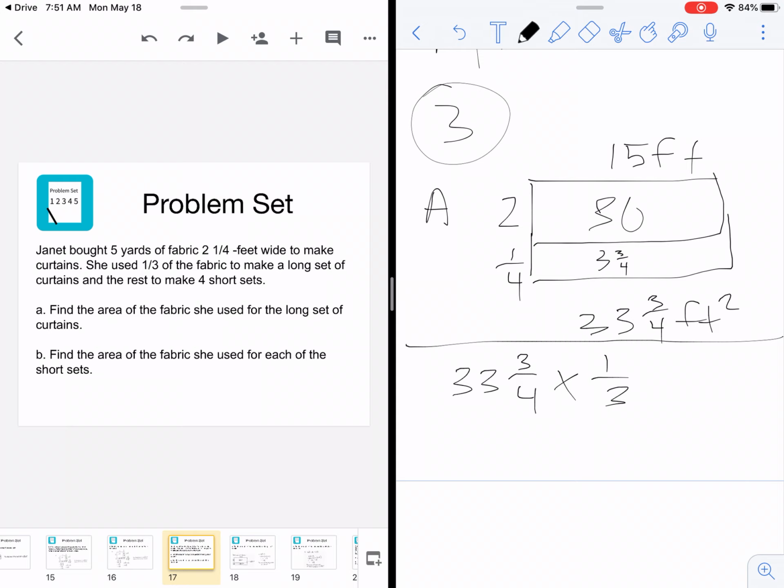Okay, and we're going to do 33 times 1/3 plus 3/4 times 1/3. 33 times 1/3 is 33/3, which equals 11, because 3 goes into 33 11 times, plus 3/4 times 1/3 is 1/4, because it's 3/12, which gives you 1/4.